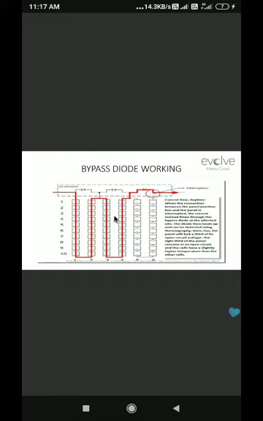In a 1000 volt string, you can say there are more than 20 panels with 60 cells, so more than 1000 cells. If any bus bar between the cells is damaged, then the power from one end does not travel to the next end, because there is no physical electrical connection between those. At that time also, the diode does us a favor and transfers the power to the next medium.